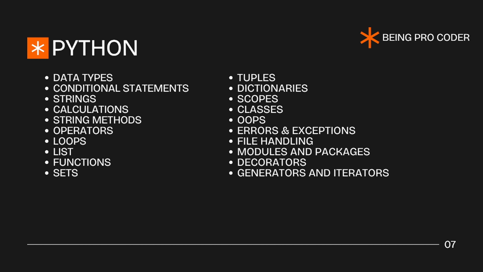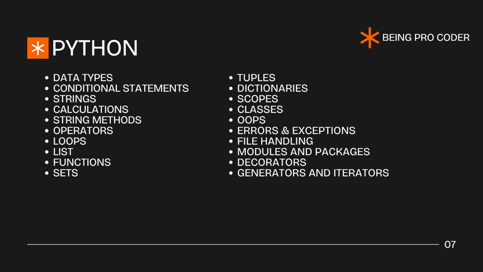Classes are templates for creating objects with attributes and methods. The object-oriented programming concepts include inheritance, encapsulation, polymorphism and abstraction. Errors and exceptions: errors disrupt the program, and exceptions handle the errors gracefully, using the try-except block.